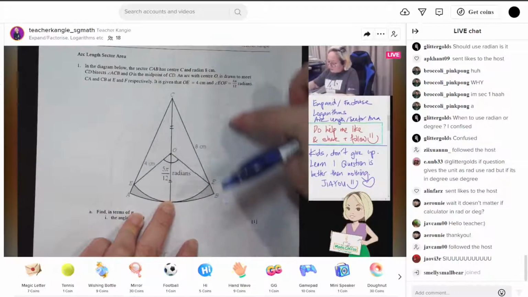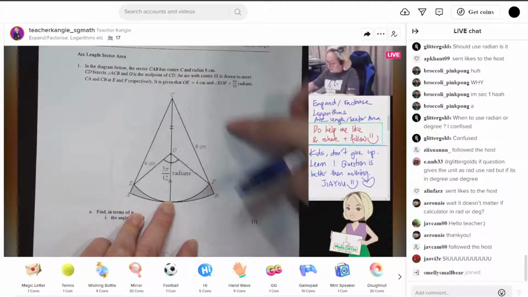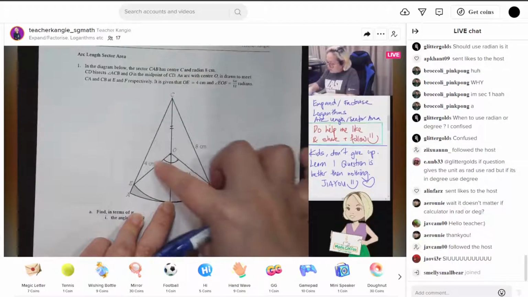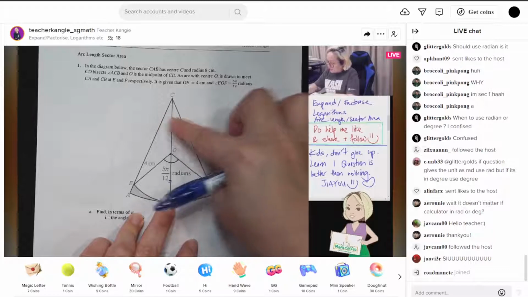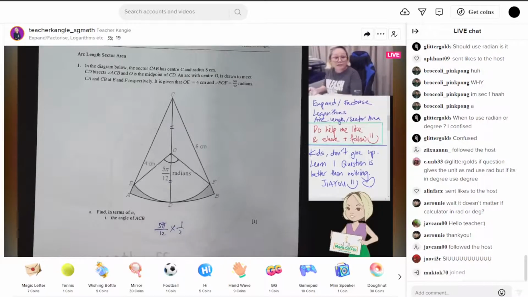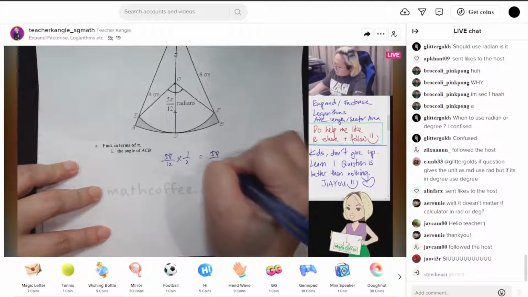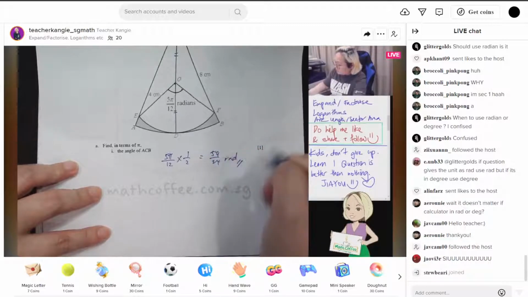It's just that they never complete it, you understand? So if this is 2 times, this one is just divide by 2. All I need to do is 5 pi over 12 times half. Times half and divide by 2 is the same thing. So it equals 5 pi over 24 radian. That's all. That's why it's only 1 mark.